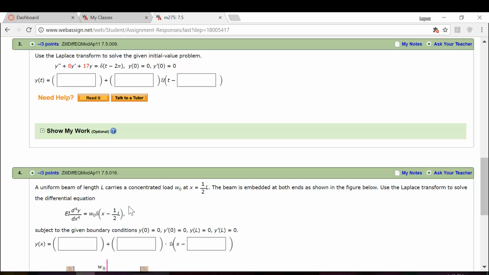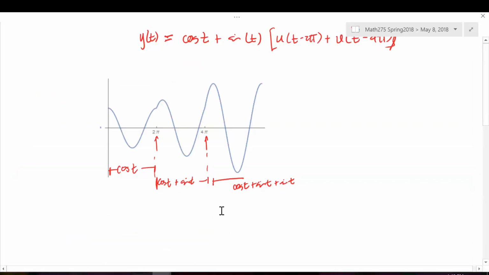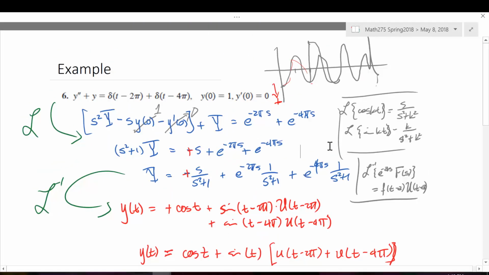Because I'm realizing when I graded the in-class quiz that some people still need practice on this first step right here, changing your second derivative into the Laplace version of that.